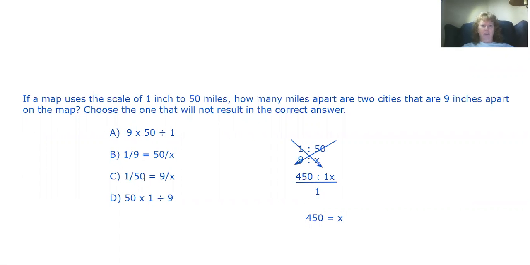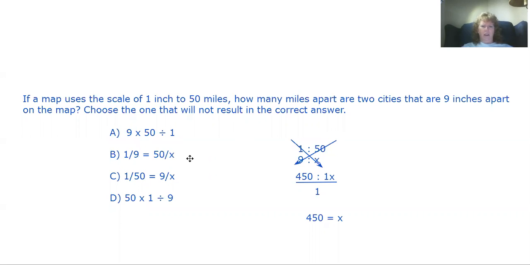So let's see if there's a problem here that matches what we've done. We multiplied 50 times 9 and divided by 1. So here's 9 times 50 divided by 1, the same thing that we did. Here is 1 over 9 and 50 over x, which is also the same thing that we did.